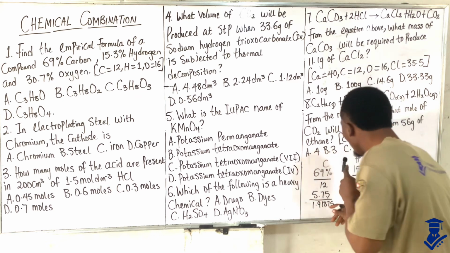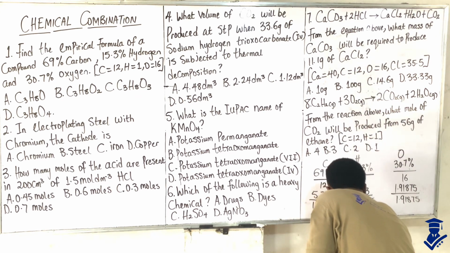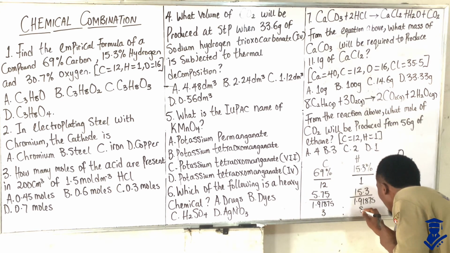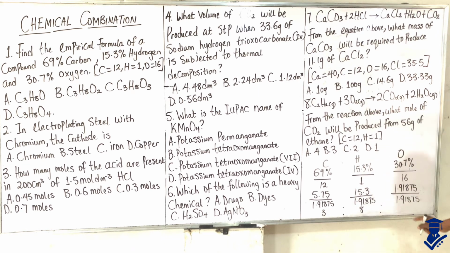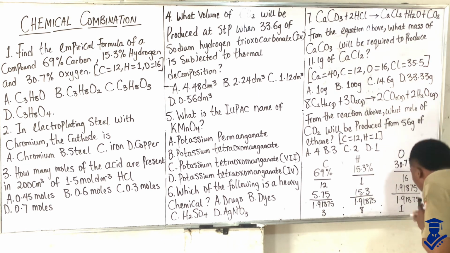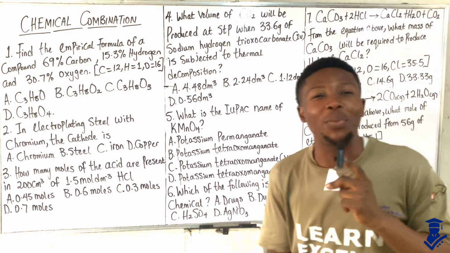When we do that, we have a ratio of 3 for carbon, a ratio of 8 for hydrogen, and 1 for oxygen.